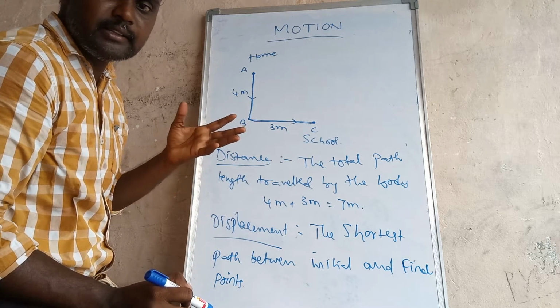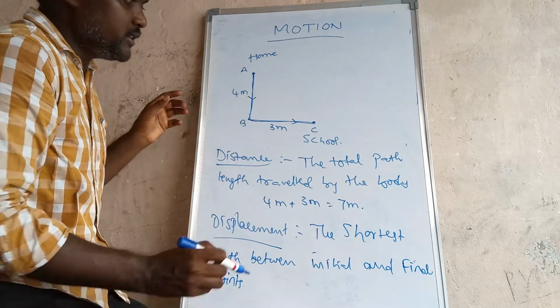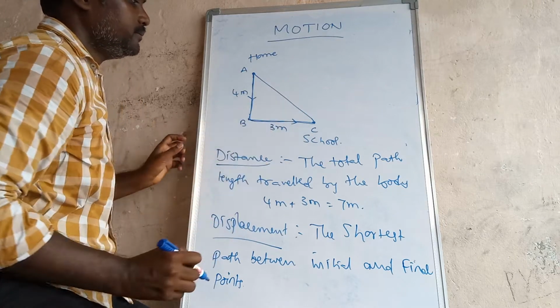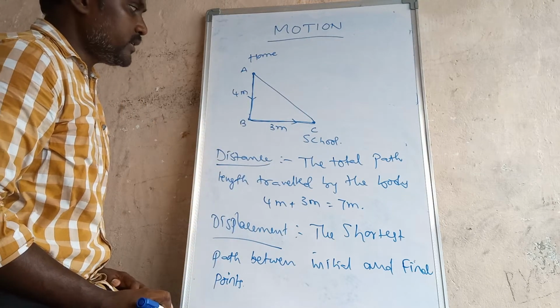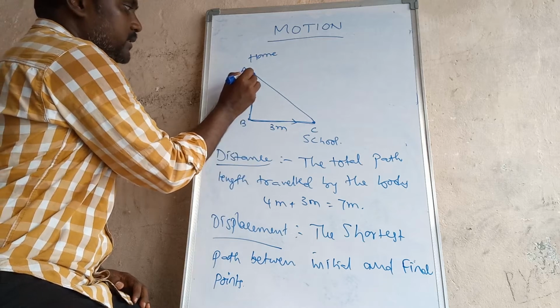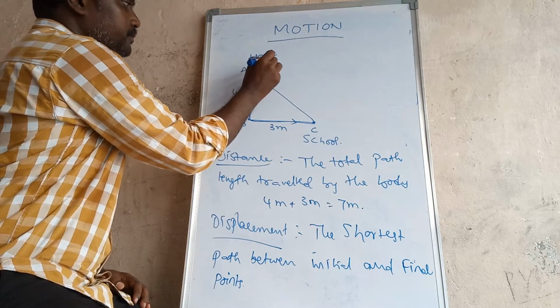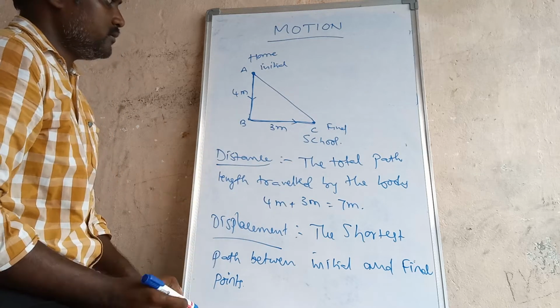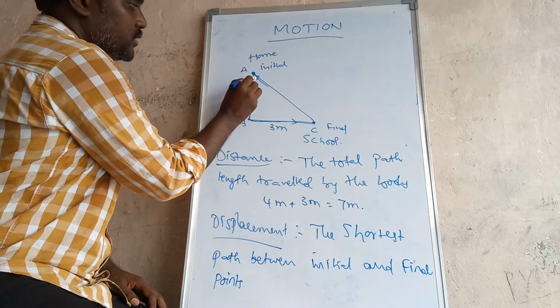To draw the shortest distance between any two points, simply connect them with a straight line. This straight line is the shortest path. This is the initial point and this is the final point. This is the shortest path.